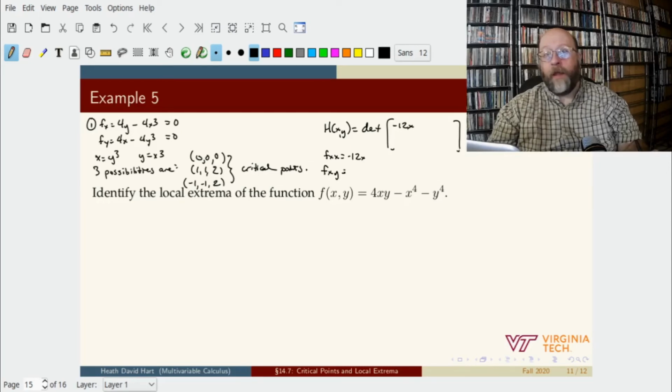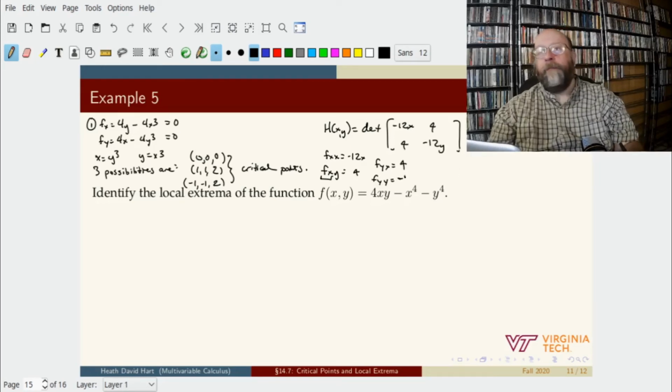Fxy, we start with fx, and we take the derivative with respect to y, and we just get 4. And then fyx, we start with fy and take the derivative with respect to x, and we get 4. And fyy, we start with fy and take the derivative with respect to y, and we get negative 12y.